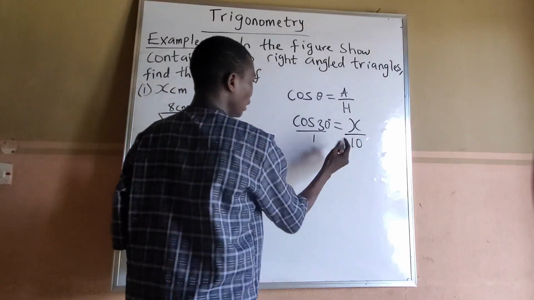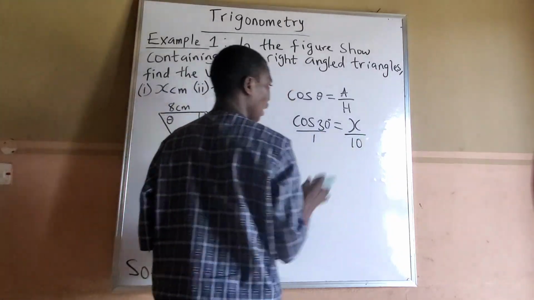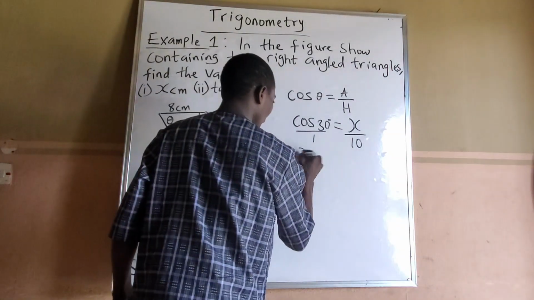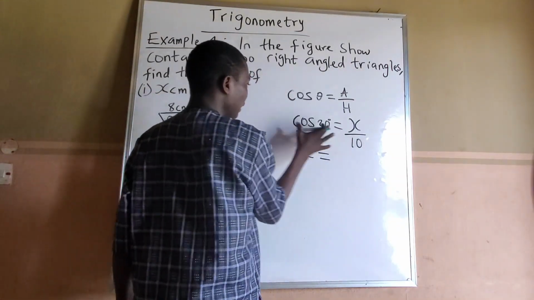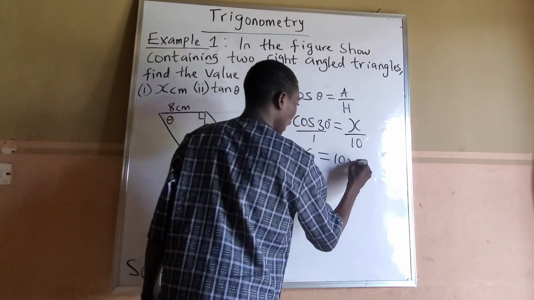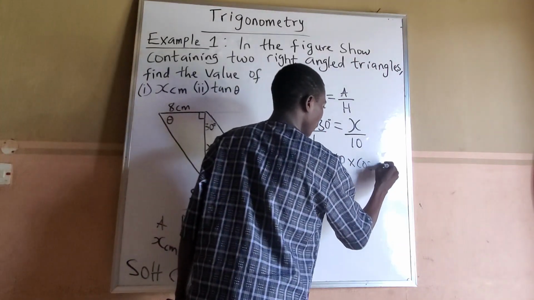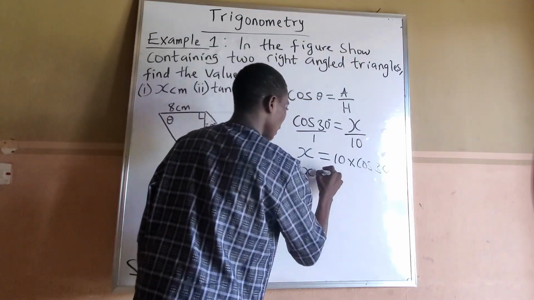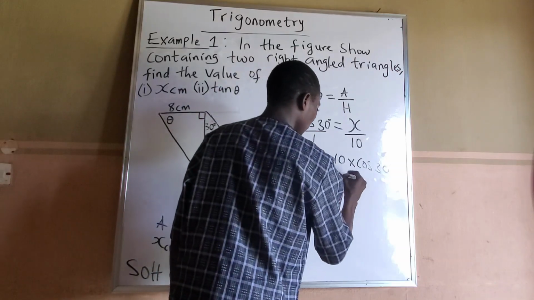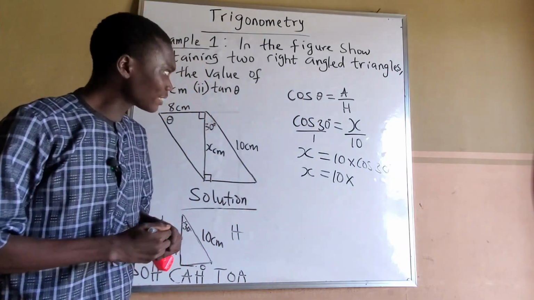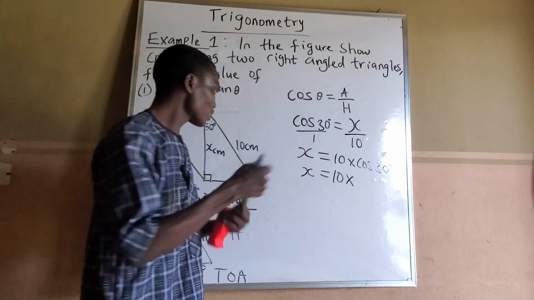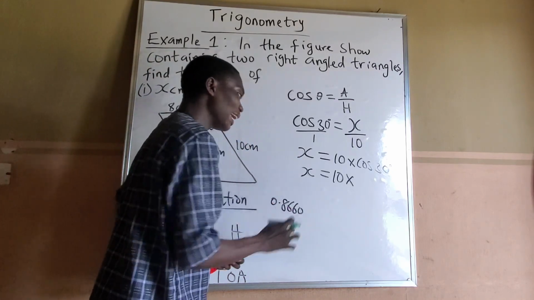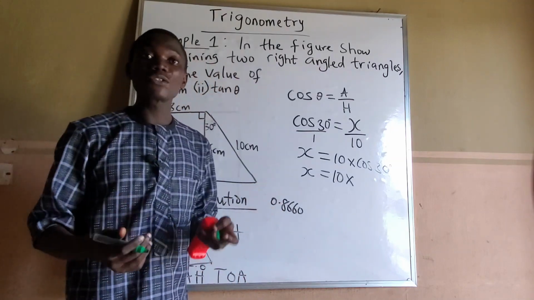We multiply this, and this one will multiply X. So 1 times X will still give us X. So X equals 10 times cos 30 degree. So X equals 10 times, what is cos 30? Cos 30 is equal to 0.8660. Okay, but here I will convert it to short form.